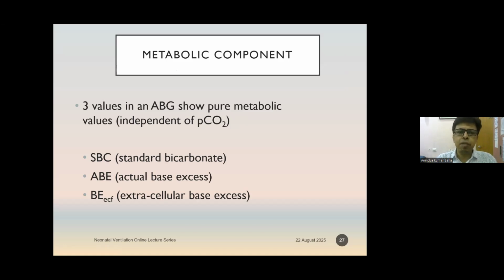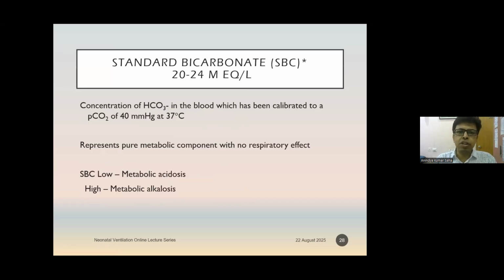There are other metabolic components which are independent of the partial pressure of carbon dioxide. These are known as standard bicarbonate, actual base excess, and base excess of the extracellular fluid or standard base excess. The standard value of standard bicarbonate is also 20 to 24 milliequivalent per liter, but here the blood has been calibrated to a PCO2 of 40.